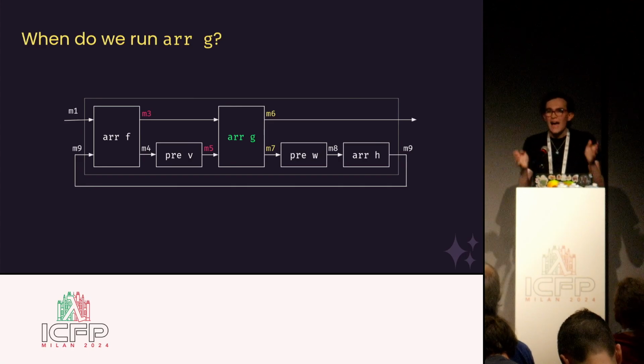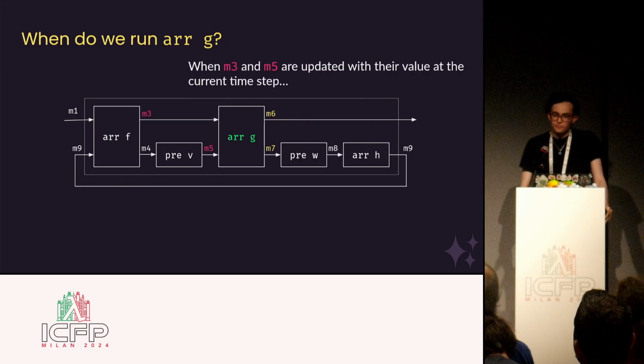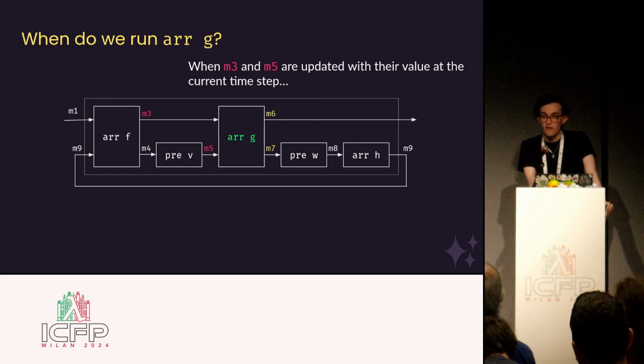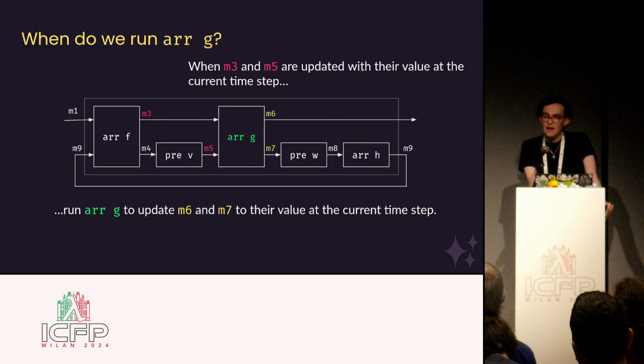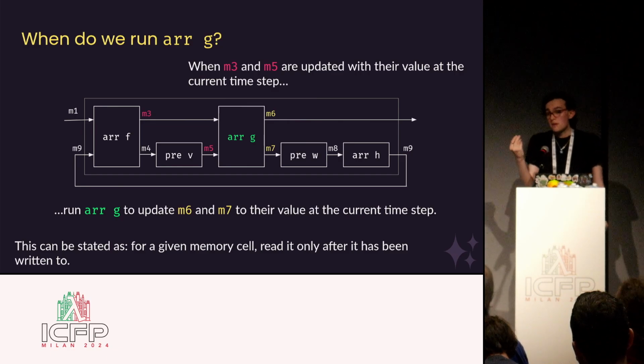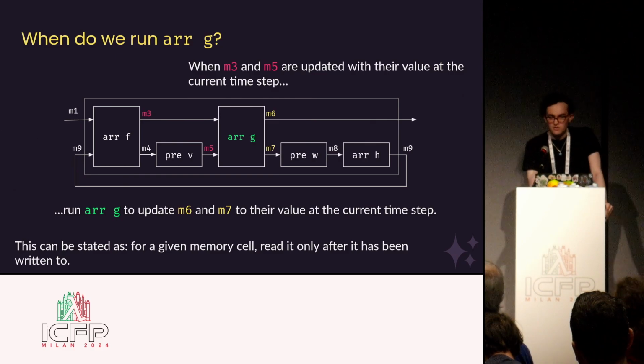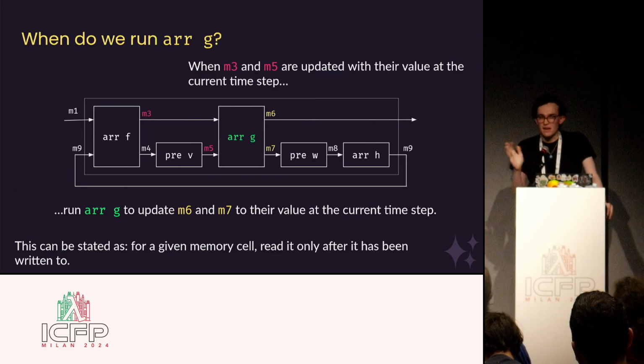Because we hand-waved earlier that we can't just run these in any order, it becomes much more difficult for loops. Well, once M3 and M5 have been updated with their value at the current time step, so once we've already written to them, we're allowed to run RG to update M6 and M7 to their current values at the current time step. We state this as: for a given memory cell, read it only after it has been written to. So there's this writes before reads dependency that we're working with.